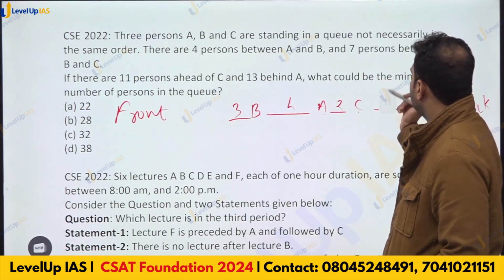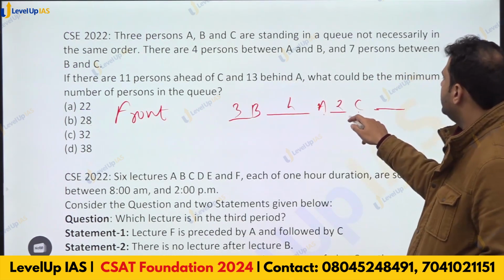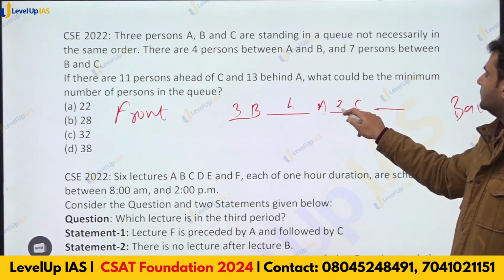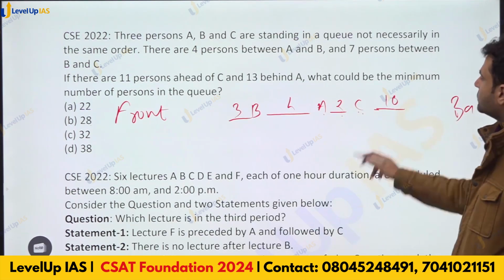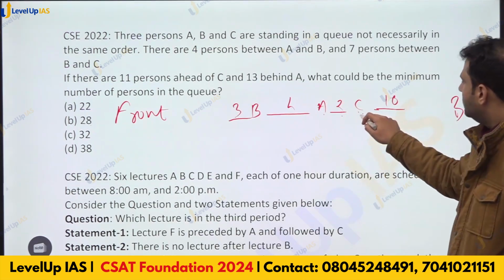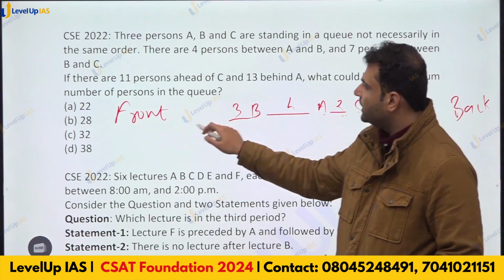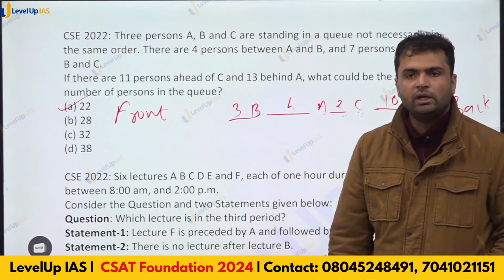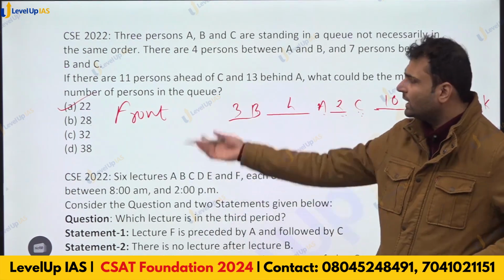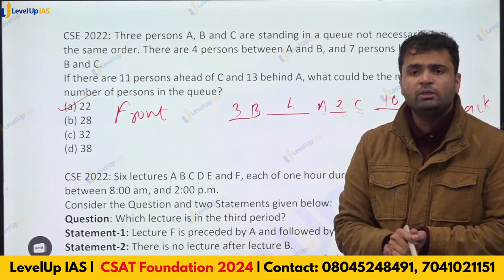No, this is not 8. This is 13 persons behind A. So 2 plus 1, 3, 3 plus 10. So this is 10. Now if you add, 10, 11, 12, 13, 14. 14 plus 4, 18. 18 plus 4, 22. So we have arrived at 22, which is the lowest option given. So that has to be the answer for the minimum number of people standing.